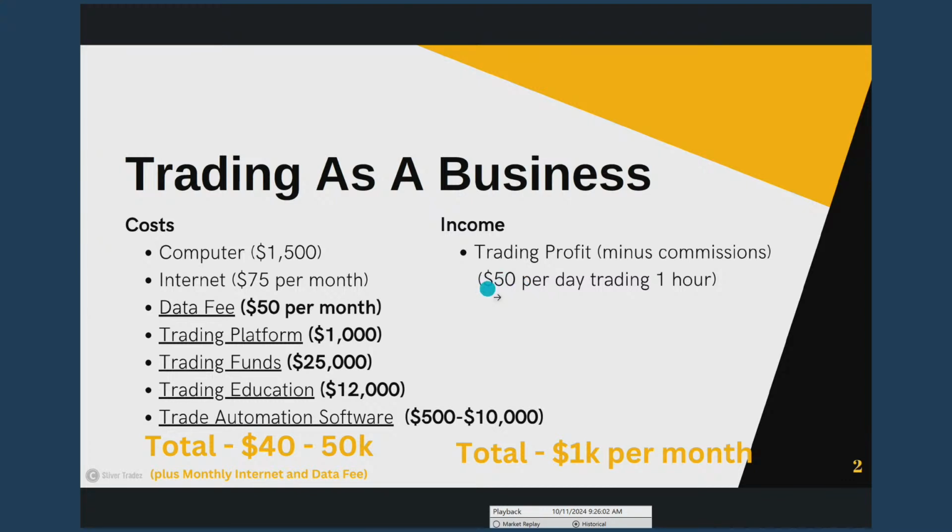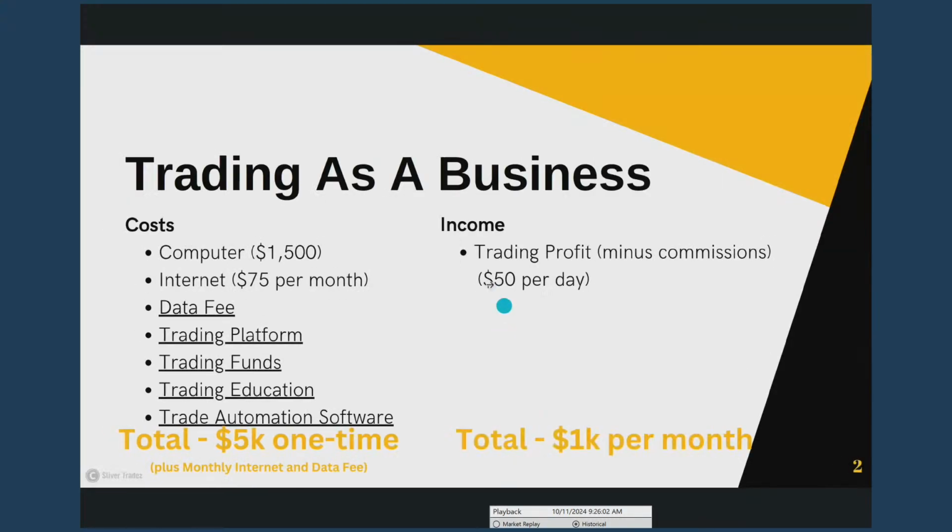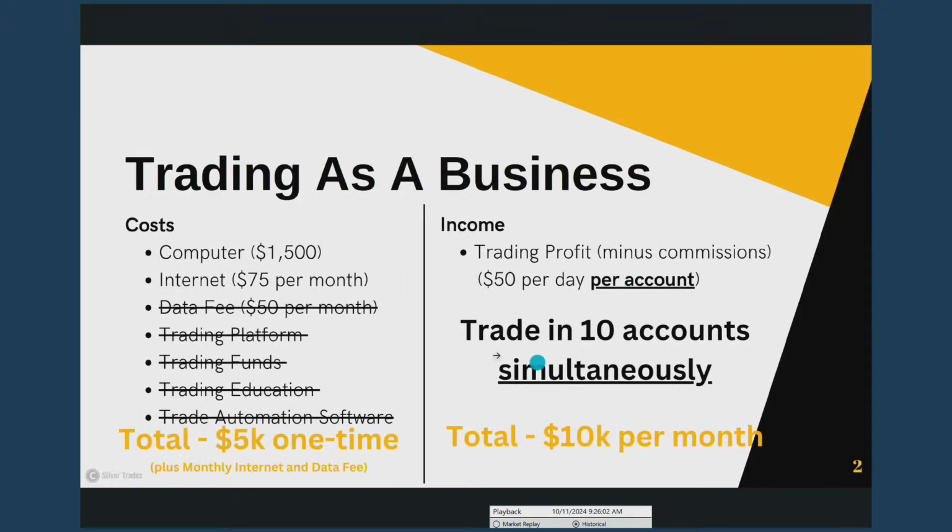So instead of 50, if you take $100 per day, then you'll make $2,000 per month. And if you can 10x that amount, then it's $20,000 a month, and you can 10x that profit by trading parallelly in multiple accounts.